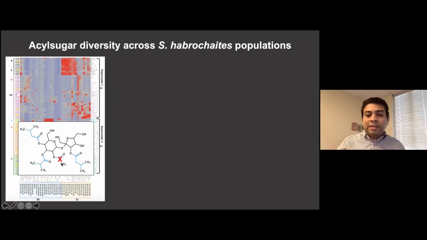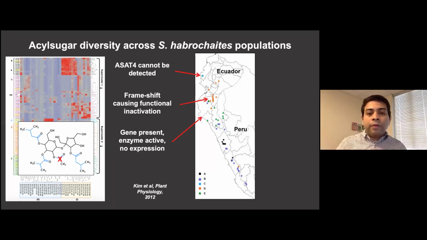So there is an enzyme. If you look at the accessions across the range, then in the southern part of the range, you get fully formed acyl sugars. But in the northern part of the range, they found that one of the enzymes, the 4th enzyme in the pathway, the last enzyme in the pathway, has been inactivated through different means, producing these green, orange, and blue chemotypes.